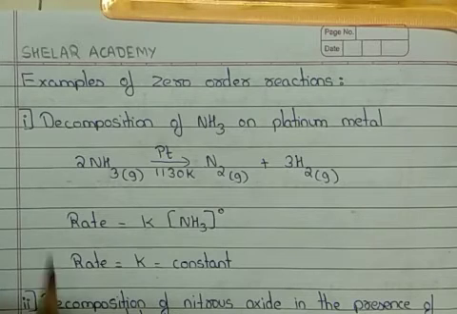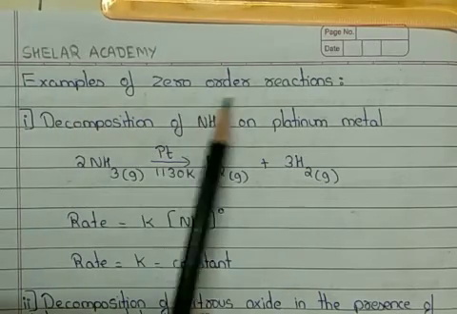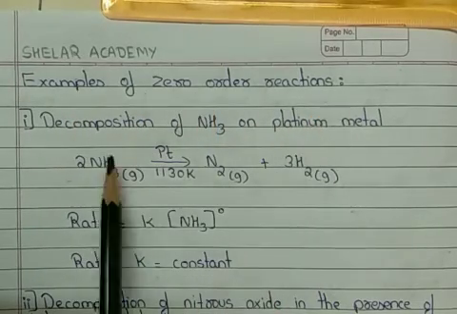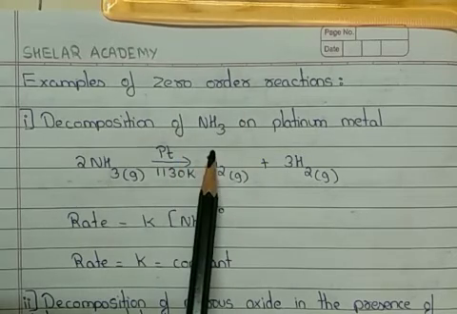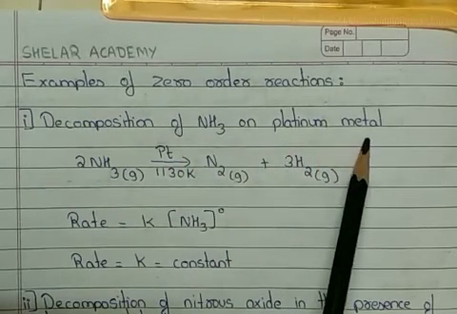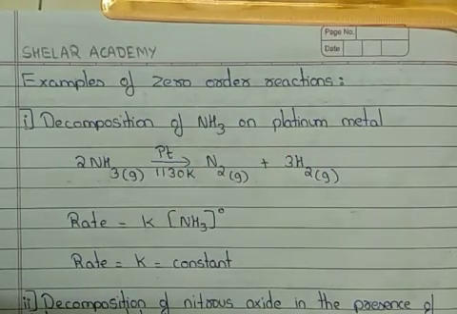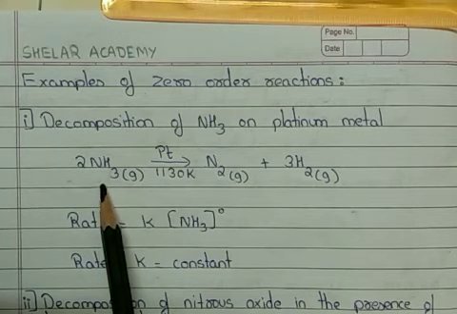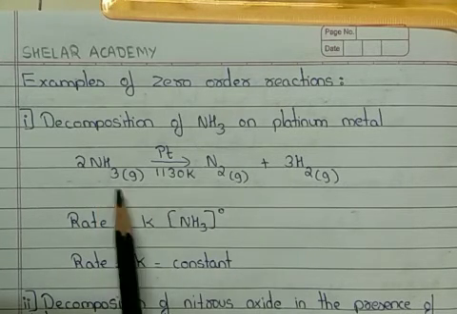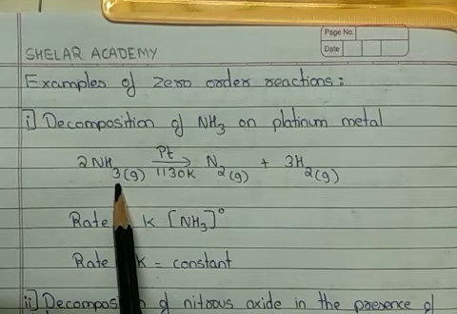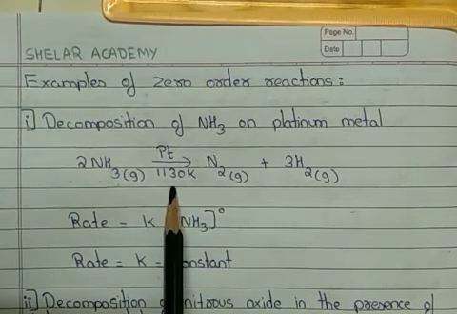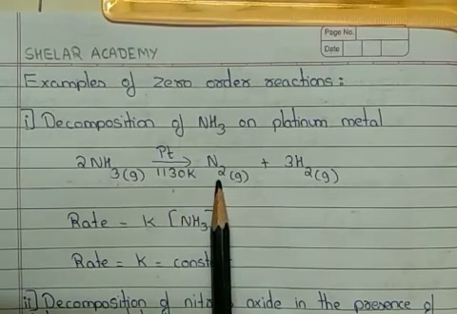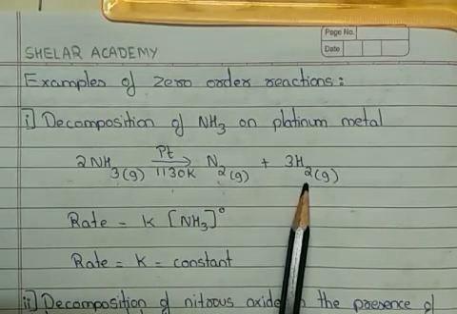The next thing we have to see is the examples of zero order reaction. The first example is decomposition of ammonia NH3 on platinum plate, which is nothing but catalytic decomposition of ammonia. The reaction is written as 2 moles of ammonia gas on platinum at a temperature of 1130 Kelvin giving 1 mole of nitrogen gas and 3 moles of hydrogen gas.